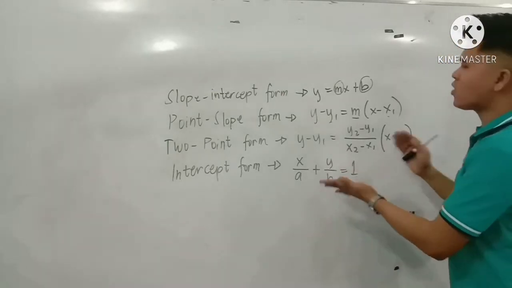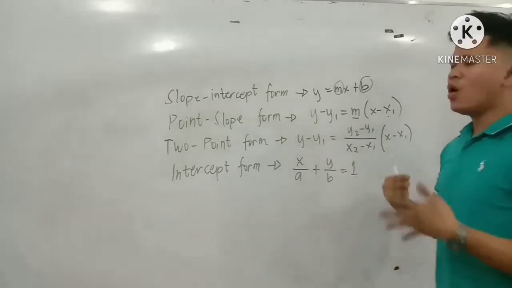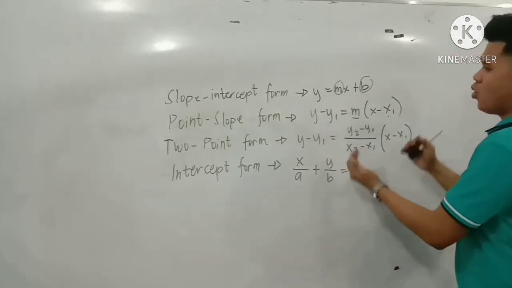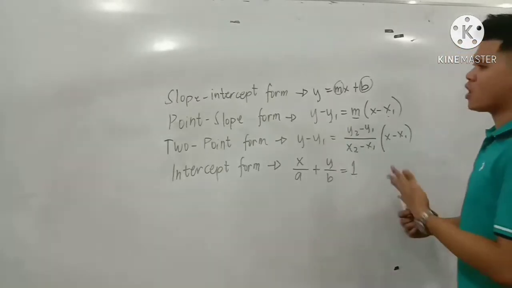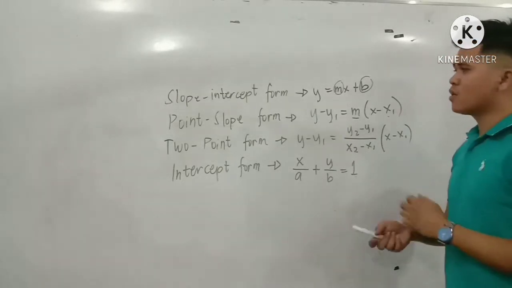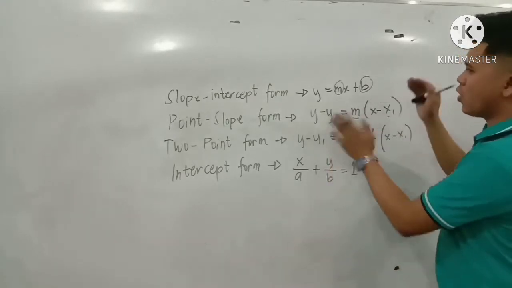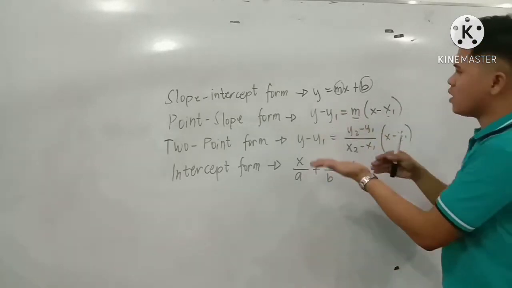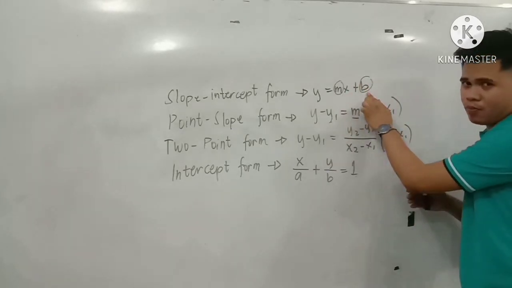You have to master all these forms because it will help you identify which of these forms is the appropriate one in working a certain problem. Again, the slope-intercept form is used if the given are the slope and the y-intercept.